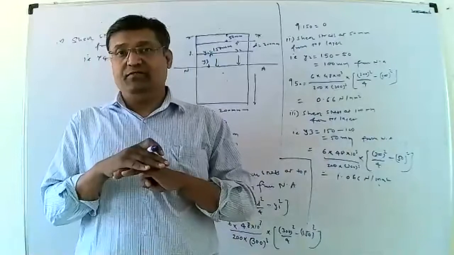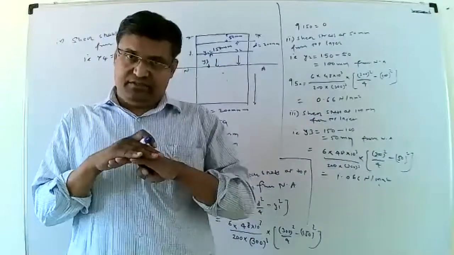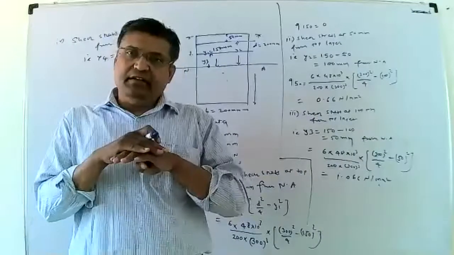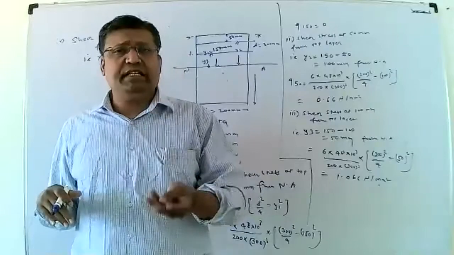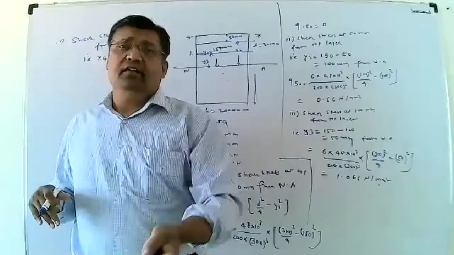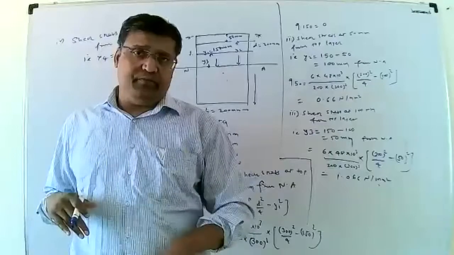There will be no effect produced by the load on that layer, and that's why maximum stress will be generated. Then shear stress will be 0 at the neutral layer, because that layer is neither elongated nor shortened.